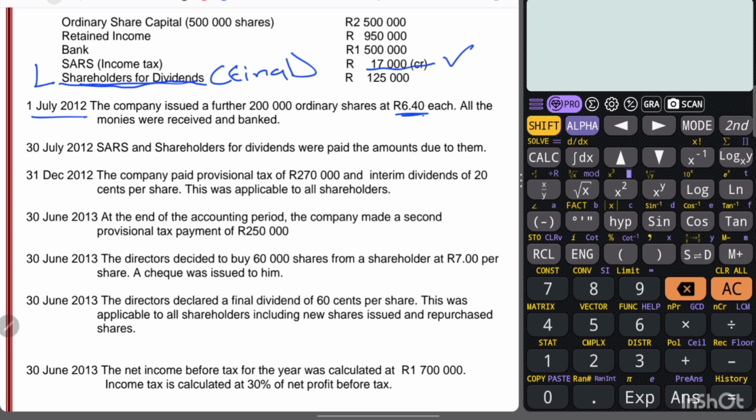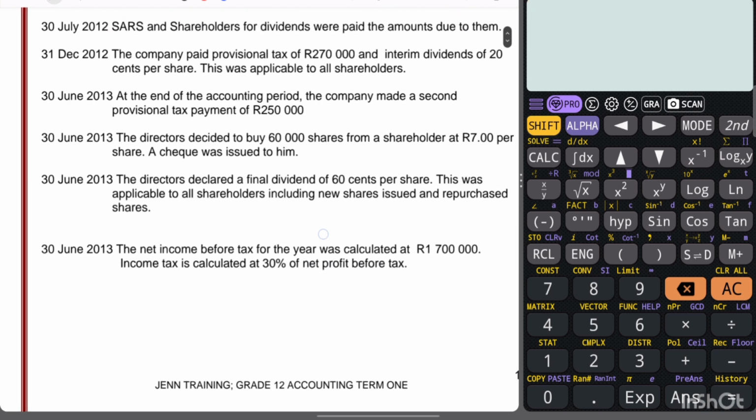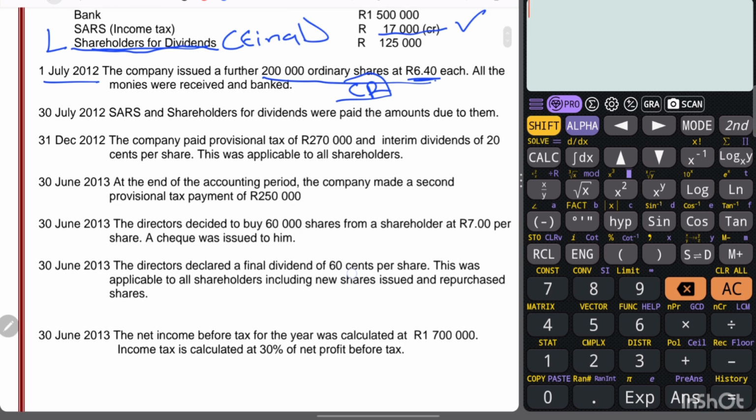All the monies were received and banked. All right. Obviously, when we are issuing shares, the ordinary share capital is affected. And every time we are issuing shares, it must go on the credit side. Let's go now and record it.